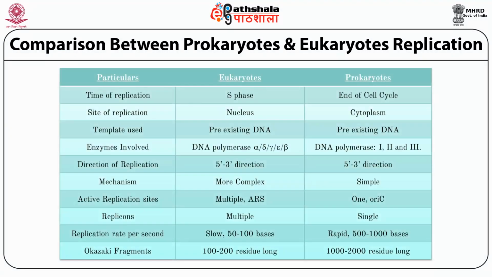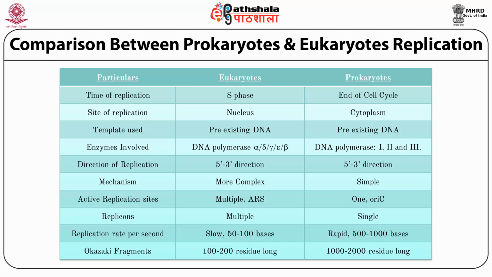Although the basics of replication remain the same in prokaryotes and eukaryotes, eukaryotic replication shows some striking differences as compared to prokaryotic replication. The main similarity is that replication occurs in the 5' to 3' direction in both and is mediated by polymerases. However, the differences occur in many steps.